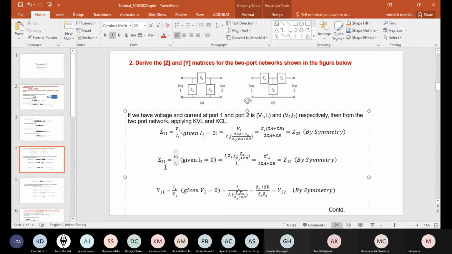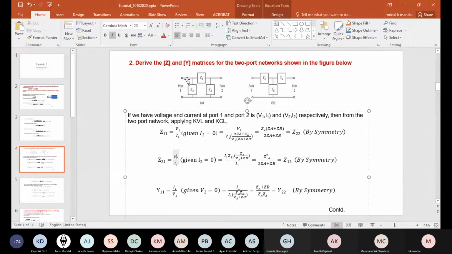Now Z21, it is V2 by I1 when the output is open circuited. So here it is easier to express V2 in terms of I1. Then I1 cancels out.